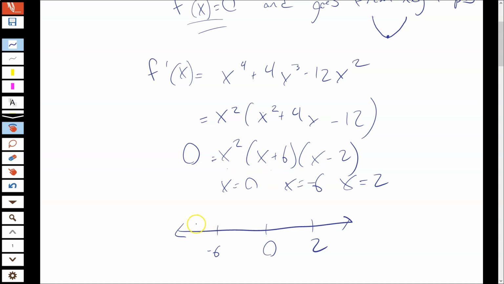So that'd be a positive result. Okay. Then I plug in a number between -6 and 0. And a negative result. You can do this very quickly on your calculator if you struggle doing it in your head. This interval gives me a negative result. So I plug in 1, for example, I get a negative number. And then my last interval gets me a positive result.